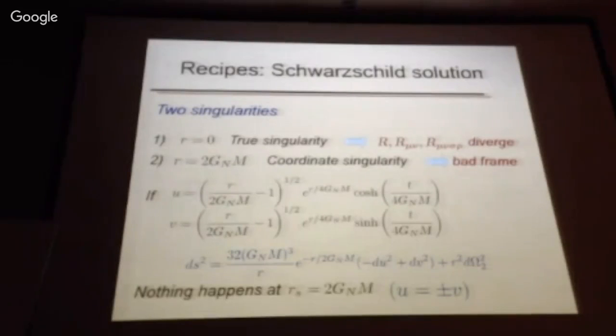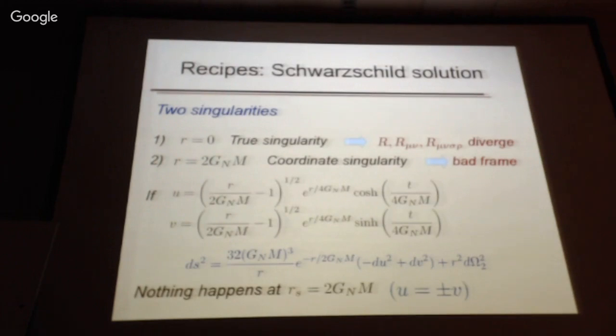The first one is called a true singularity. Why? Because if I calculate the Riemann tensor, the Ricci tensor, or the Ricci scalar, they all diverge at that point. Remember, scalar functions are tensors of rank 0, they don't have indices, and when I go to a different reference frame, they are exactly the same. So if I calculate the Ricci scalar and it diverges, that means that no matter which coordinate system I go to, it will always diverge.